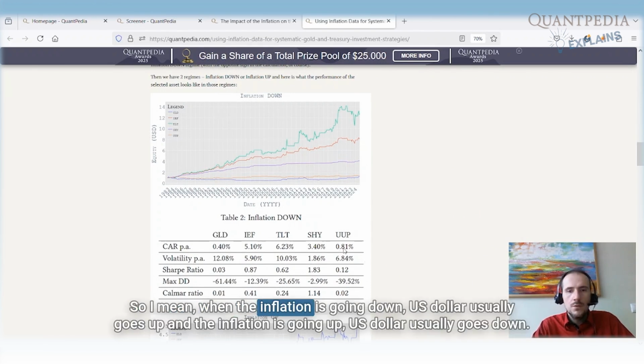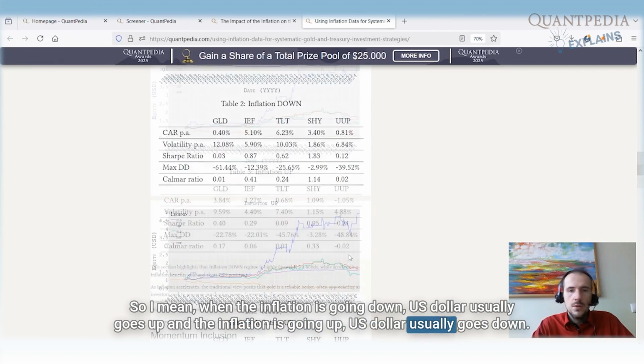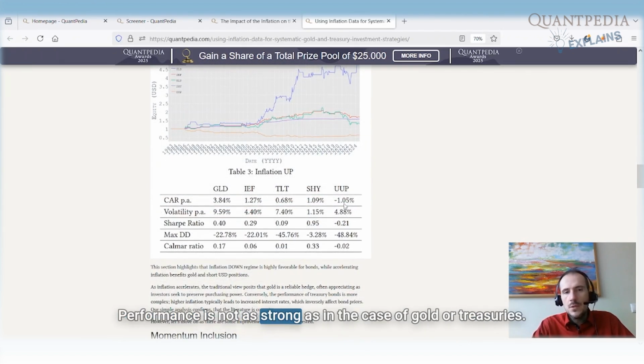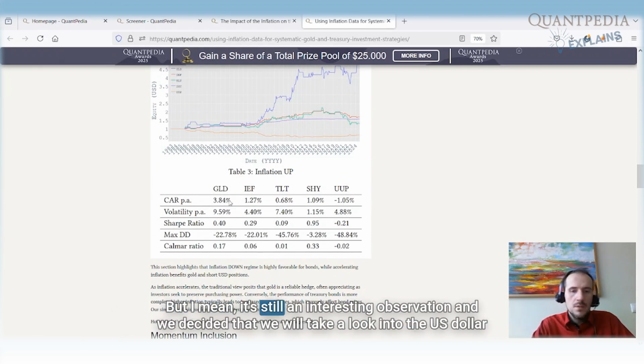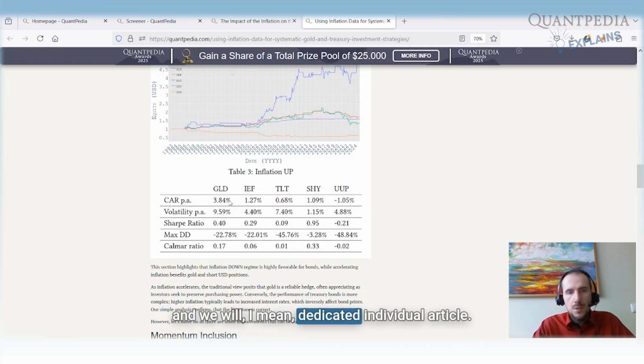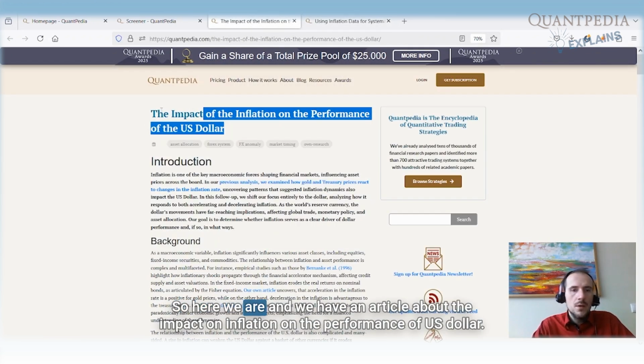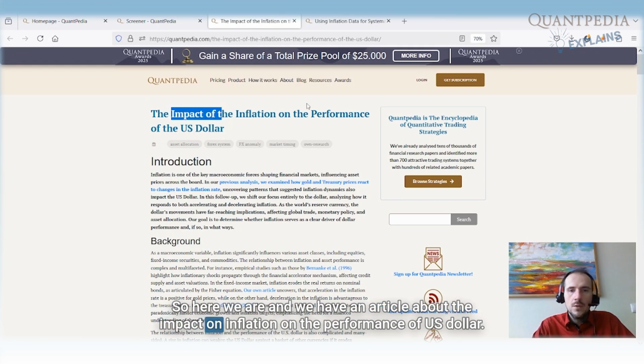So when inflation is going down, the US dollar usually goes up, and when inflation is going up, the US dollar usually goes down. Performance is not as strong as in the case of gold or treasuries, but it's still an interesting observation, and we decided that we would take a look at the US dollar and dedicate an individual article to it.